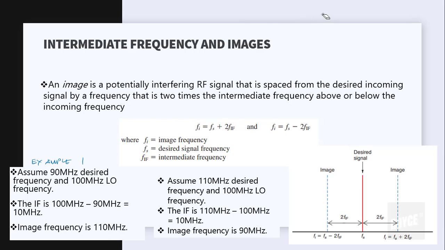So, ibig sabihin, kung meron akong mixer, ito yung ating local oscillator, ito yung aking input frequency, Fs. Ito yung output ko. So, Fs, LO, Fs minus LO tsaka Fs plus LO. Ayan.